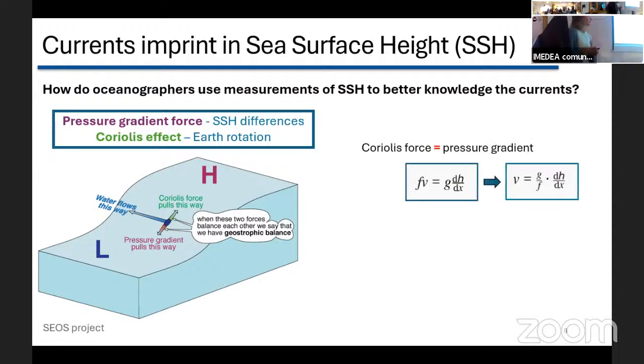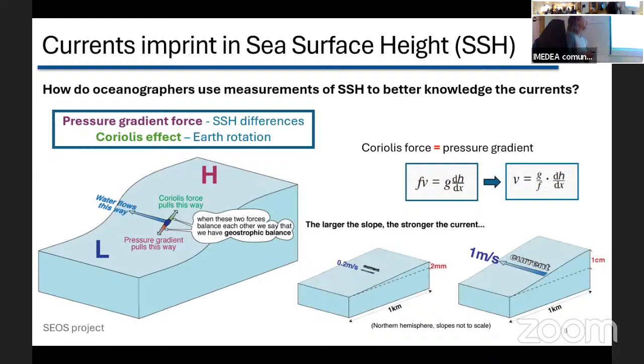So when we are in the open ocean and at a large scale, we can assume there is a balance between these two forces, as we can see here. Well, f is the Coriolis parameter that depends on the latitude, g is the acceleration of gravity, and this derivative is the slope between the different heights.